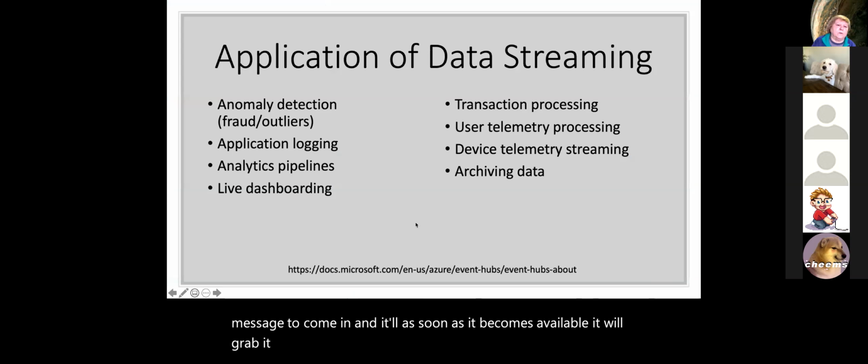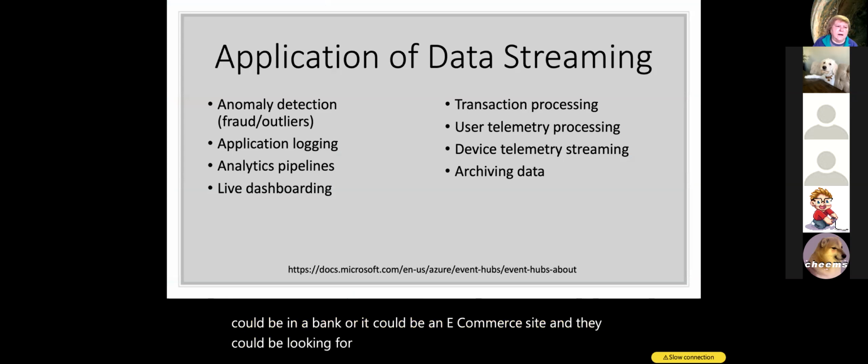So what have people used data streaming for? There's lots of different things. You might have transactions coming in against a database, in a bank or on an e-commerce site, and you could be looking for anomalies. You could log applications.